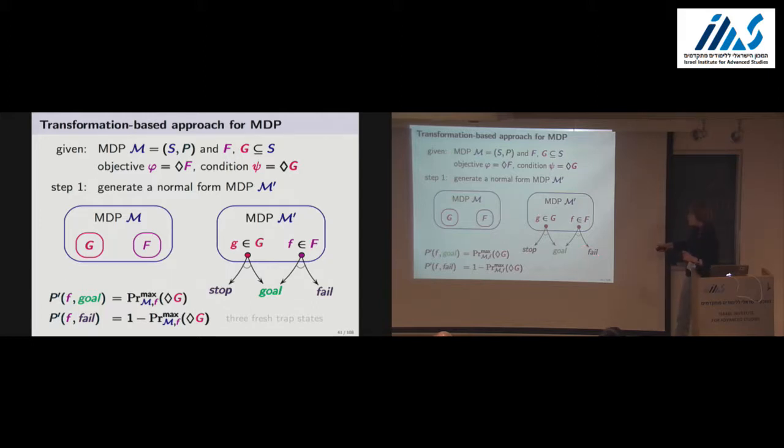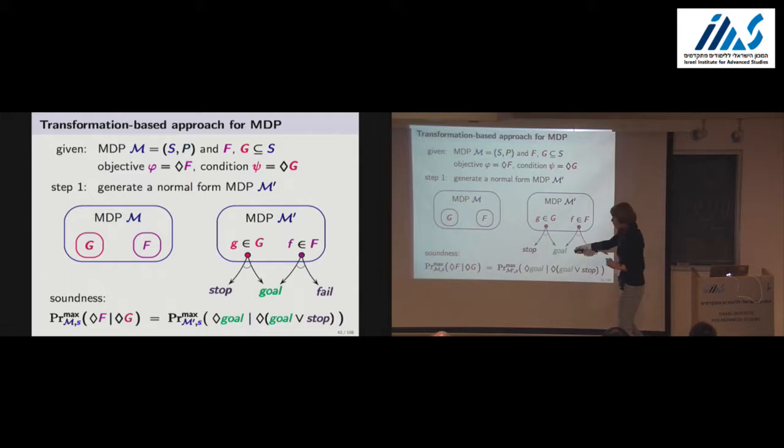When we reach this state, it stands for the case where we fulfilled the objective, eventually F, but failed to fulfill the condition, which means that with these conditional probabilities, these paths that go to fail should not count. Altogether, the soundness of this normal form transformation yields that we still have a conditional probability, but now we replace eventually F over eventually G by the objective visit goal under the condition that we visit either goal or stop.